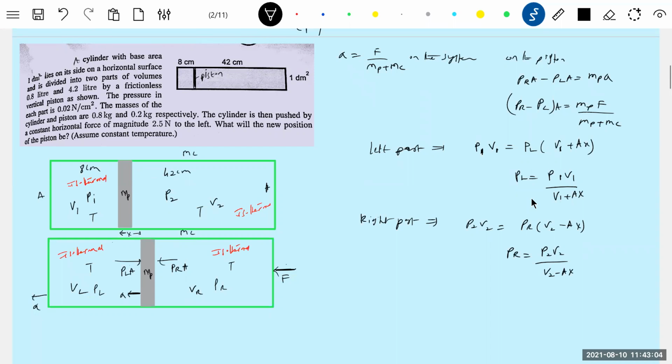So what was the question asked? What will be the new position? Okay, let's see. This is equation 1, 2, 3.